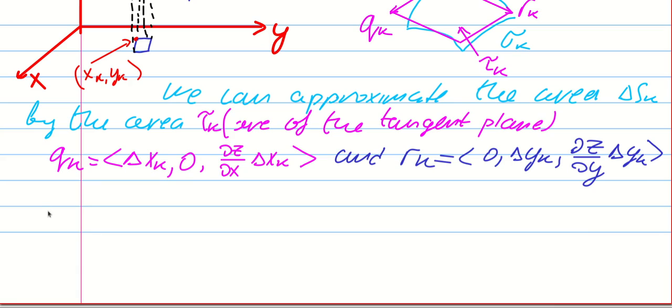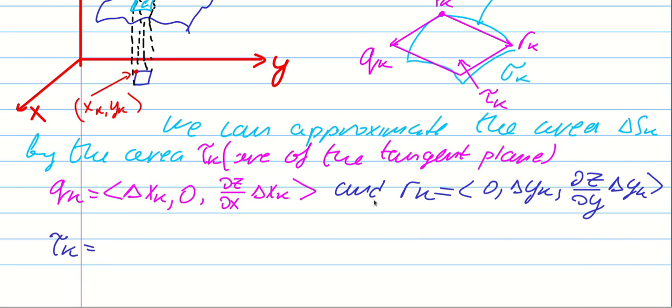All right, and so then we know that tau sub k is the area of this parallelogram, right? This is a parallelogram, and the area of the parallelogram is the length of the cross product of q and r.